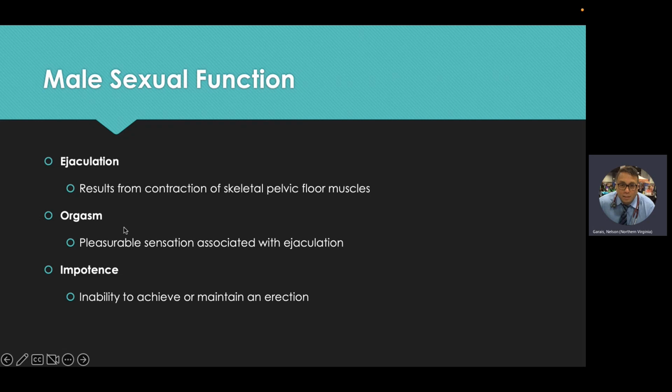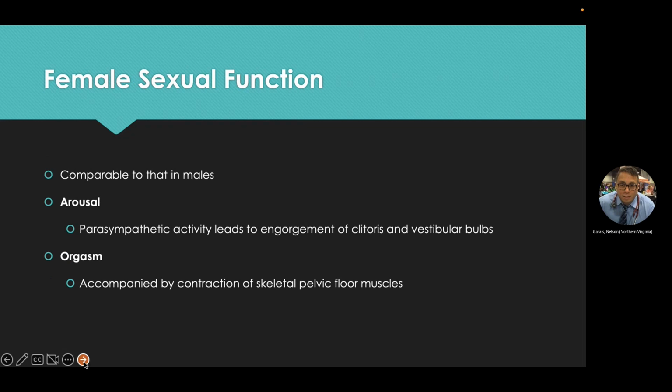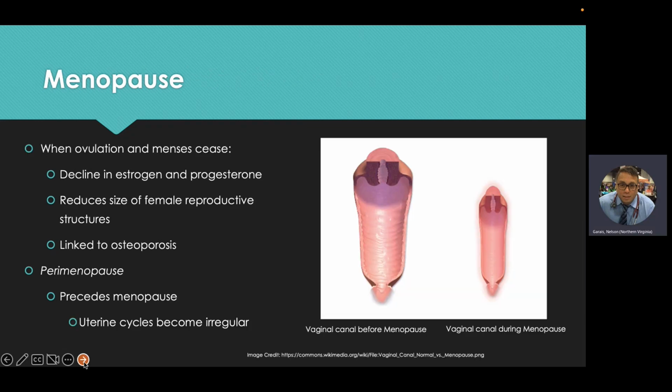And that requires sympathetic nervous system innervation. Impotence, or the inability to achieve and maintain erection, is called ED or erectile dysfunction. Impotence is kind of an old term. They use erectile dysfunction as a little bit nicer term than impotence. Arousal, orgasm, we already mentioned that.